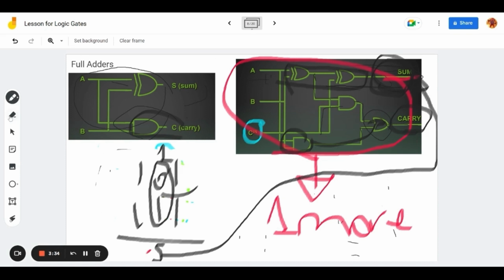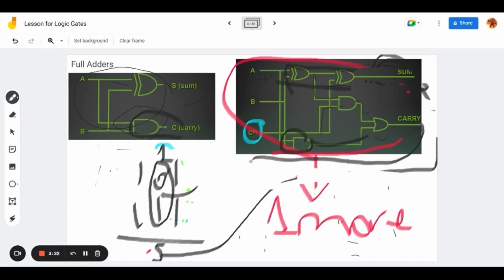So you would need one more full adder like this, and in this full adder you would just use the carry. Let me show you what it would look like.